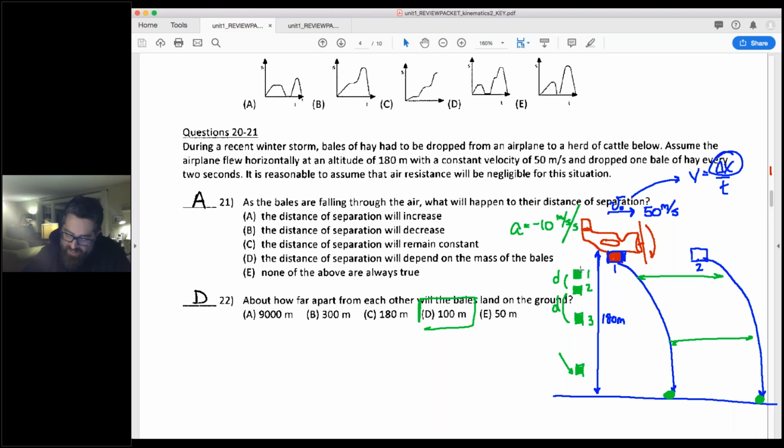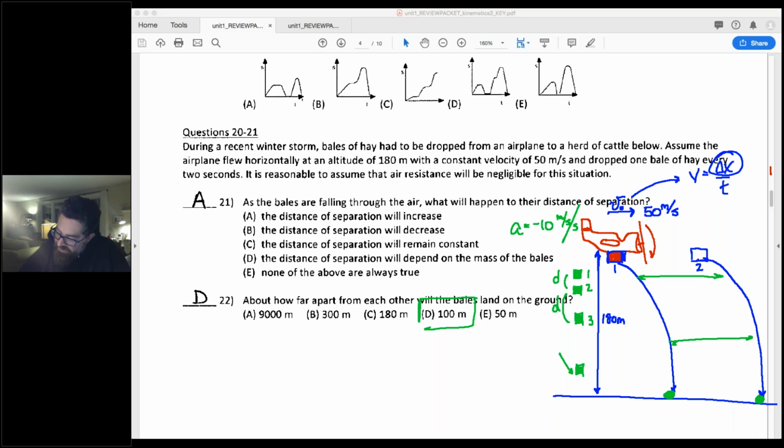So that means when the hay bale that is released right after it, and it's released from rest, the hay bale underneath it is already going at 10 meters per second because it's a second later. And then 1 second after that, the lower hay bale is going 20 meters per second down, and the hay bale right above it is only going 10. And so therefore, there's always a 10 meter per second difference between the two. And so they're just getting further and further apart.